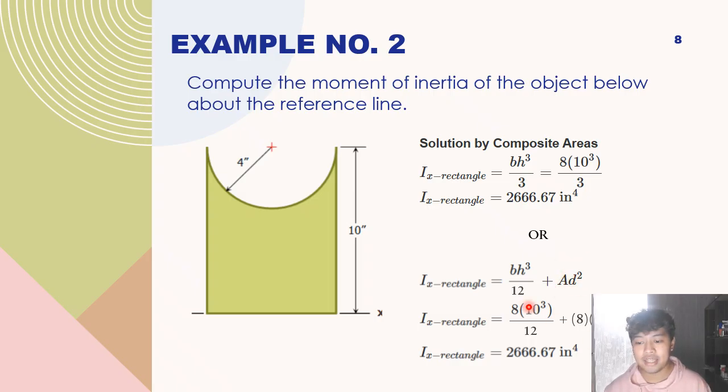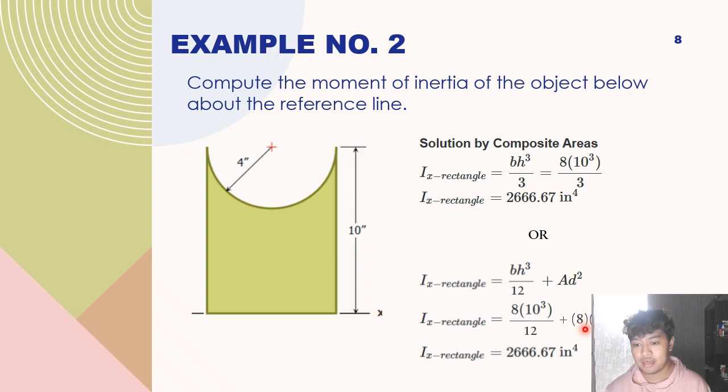So we have here bh cubed over 12 plus Ad squared. Let's type in our data. Our base is 8 and our height is 10, so we have 8 times 10 cubed over 12, and then we add our area times d squared.